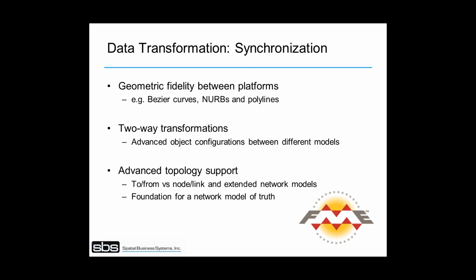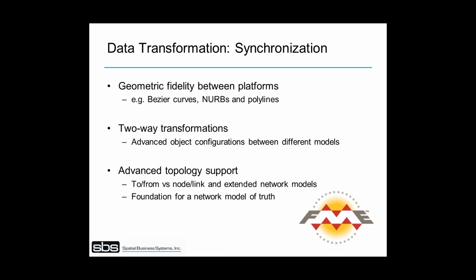From a synchronization standpoint, synchronization is really interesting with spatial information. If you look at different systems, be it an Esri or a Smallworld or an Intergraph system or a CAD-based system, the systems may look the same when you view them, but something like a spline can be modeled as a Bezier curve in one system, or a non-uniform rational B-spline in another, or polylines in another.